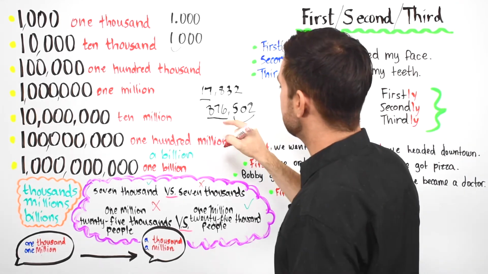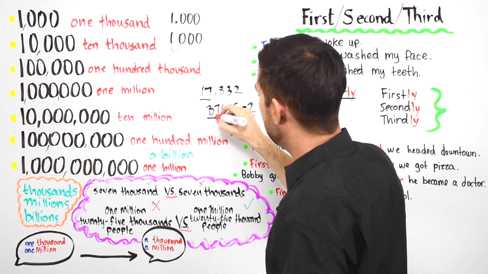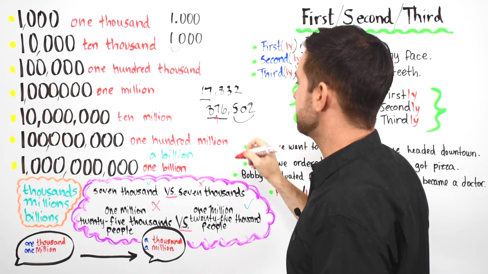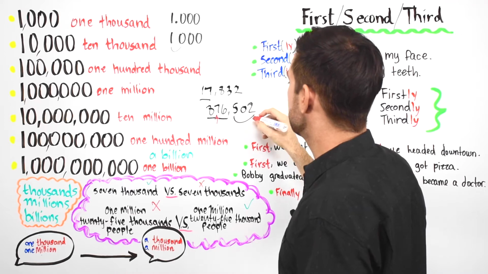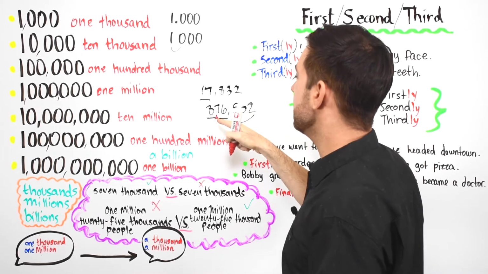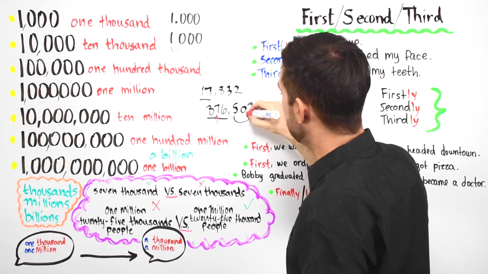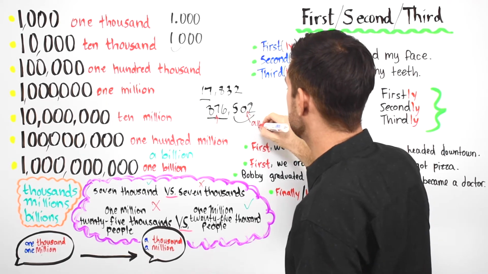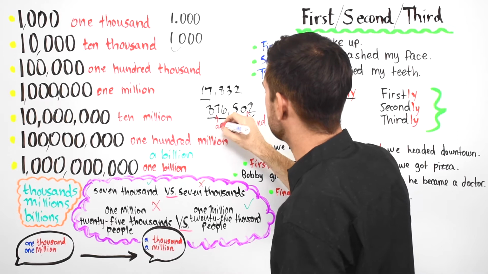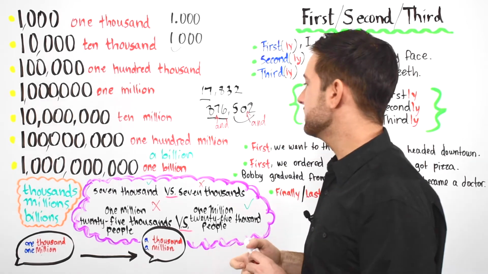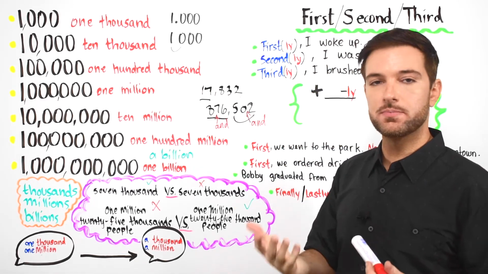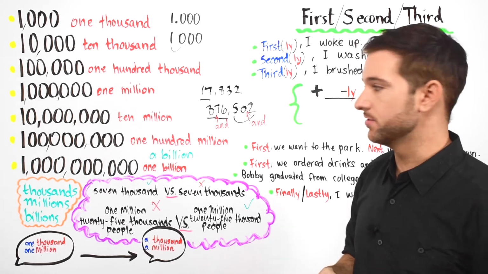Okay, also guys, now remember how I told you we can have the word and? Sometimes people will say it like this: 876,502, or 876,502. They'll put an and here, and they'll put an and here. Okay? We're just talking about how normal people say it in everyday conversations, okay?